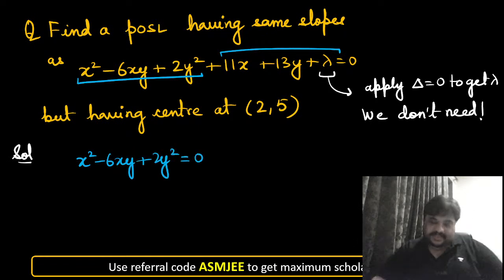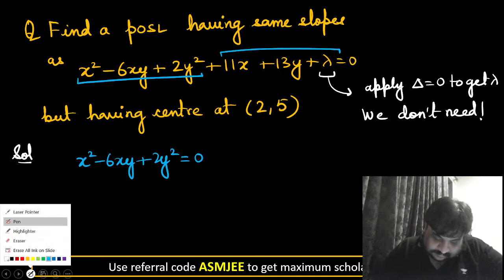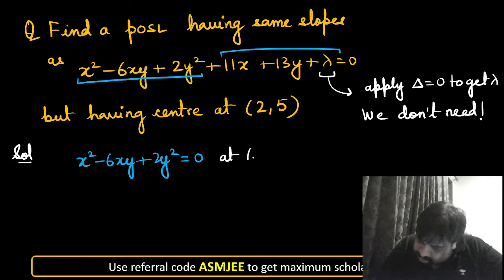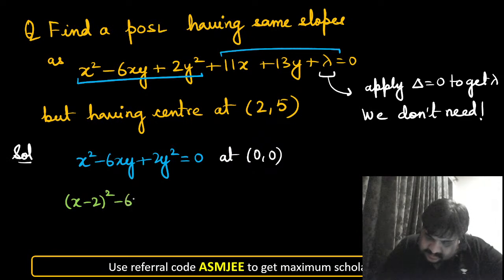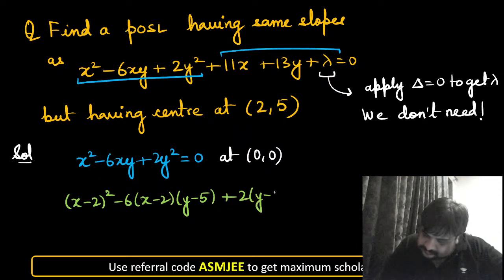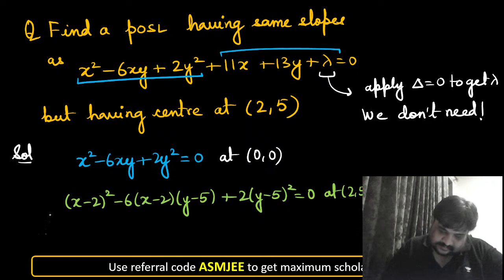This is formed at origin. And this at 2 comma 5. Done. You don't need lambda.